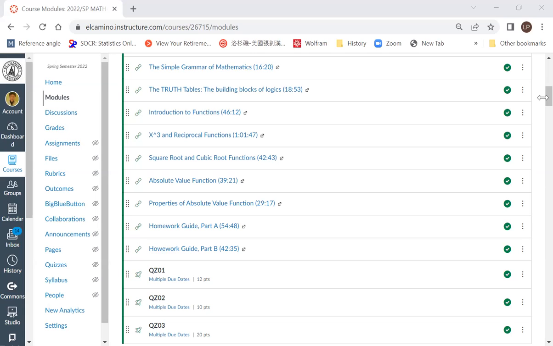I'm going to put it here. So this is the graph, and that's from the absolute value function.